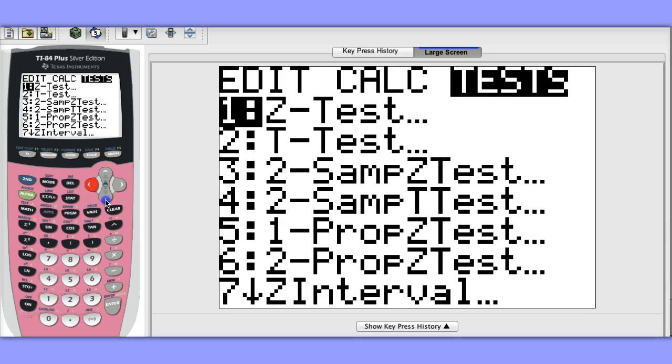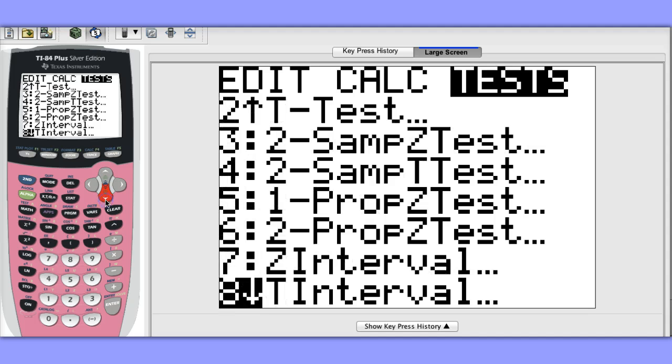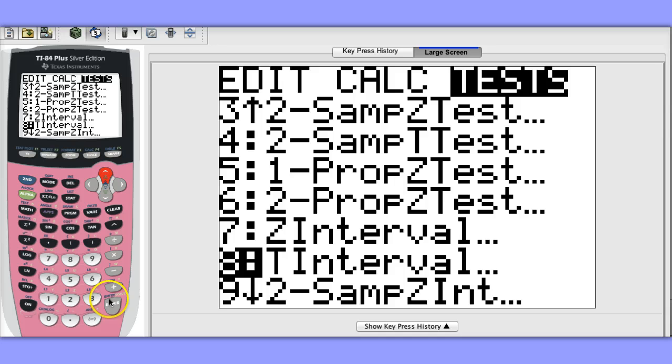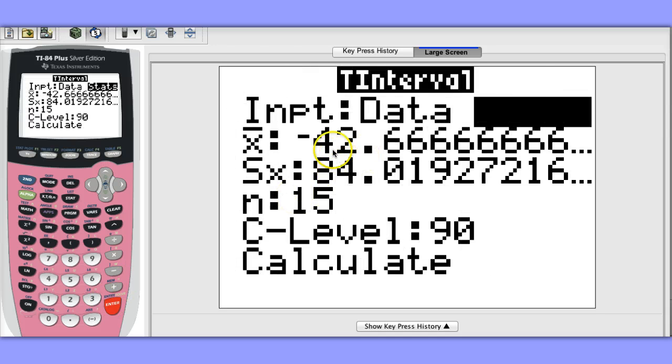And we're going to go down to intervals. We're going to go down to option 8, t-interval. And notice our calculator has already filled in our sample mean, sample standard deviation, and sample size. But we need to think about the confidence level. So we had an alpha level of 0.05, which means 5% was all in one tail. And if you think about it, confidence intervals are based on constructing on either side of the sample mean, and that's a two-tail situation.